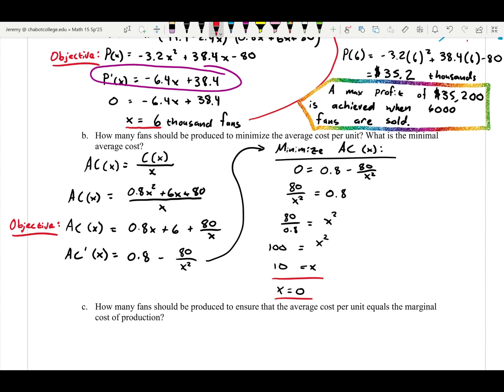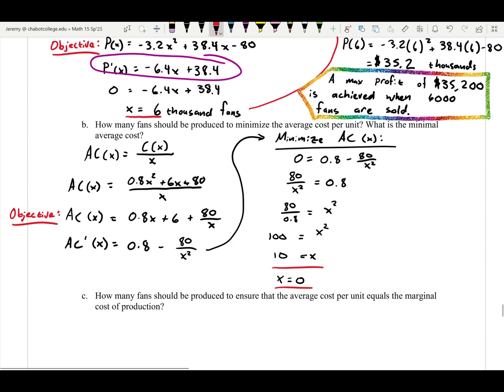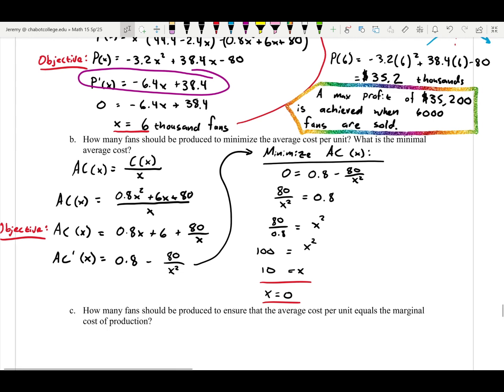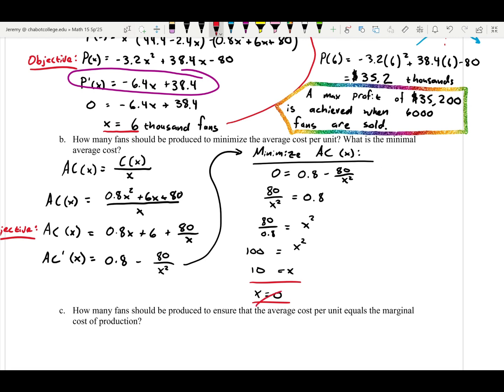It is an endpoint, which does give us a critical number, but we're trying to find the number of fans that are produced to minimize the average cost. Obviously, not producing any fans at all isn't going to be the number we're looking for. So we'll disregard this one.